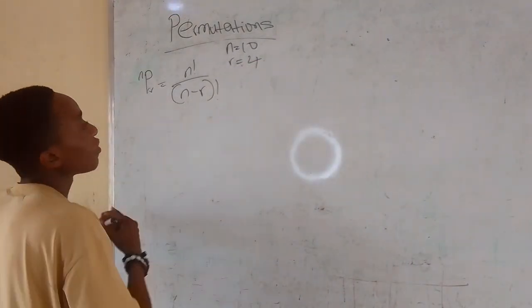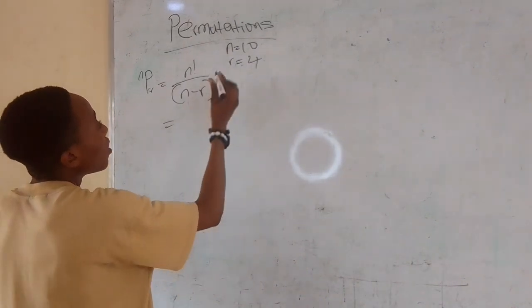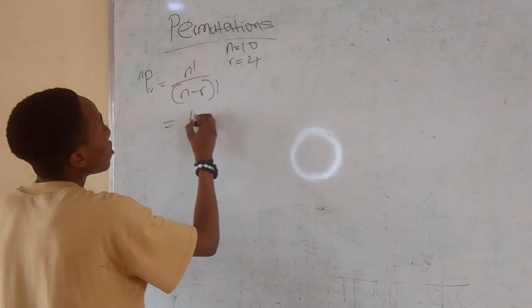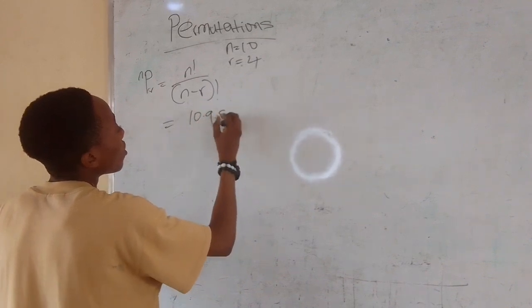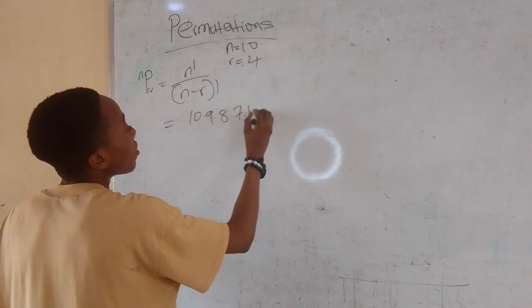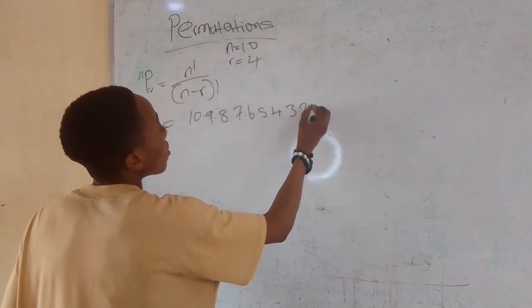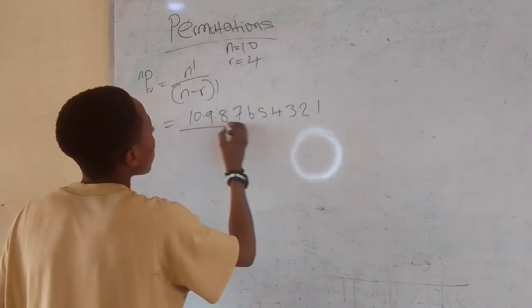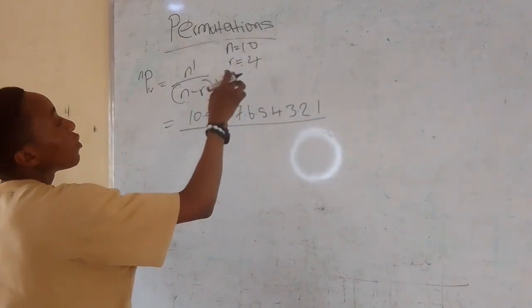So we can use our formula for this one. Let's just substitute into the formula: our n is 10, our r is 4, n minus r is 10 minus 4.